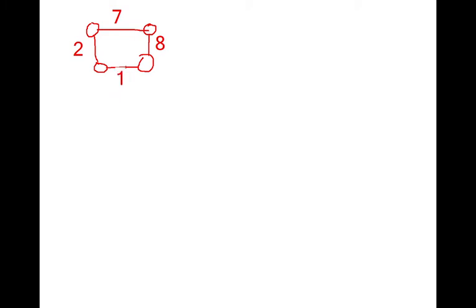So let me extract a spanning tree from this graph. There are multiple spanning trees, as you saw in the earlier example. For example, this spanning tree, and let me make another spanning tree, which can be, for example, like this, right?